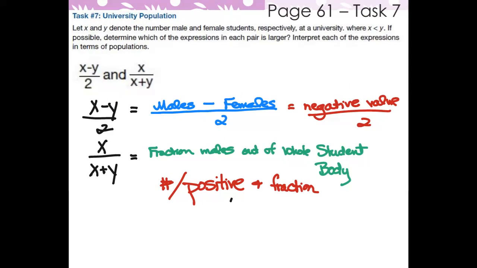So when you compare a negative value to a positive value, the positive value is always going to be larger, right? Does everybody see that? Any questions on university population?